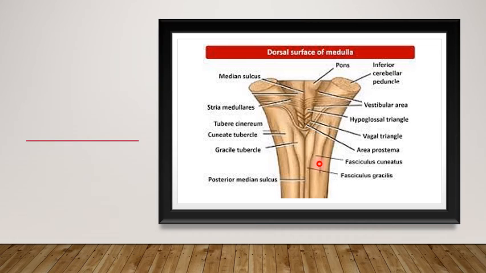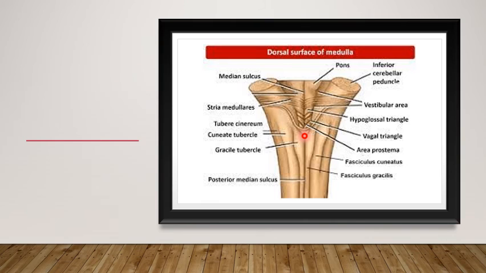Placed laterally, these fasciculi end in rounded elevations. Okay, so these actually come further and they form gracile tubercle. It started from here, right? Here also you can see, it is starting from here and further coming here they form the gracile and cuneate tubercles. These tubercles are produced by masses of gray matter called the nucleus gracilis and nucleus cuneatus.